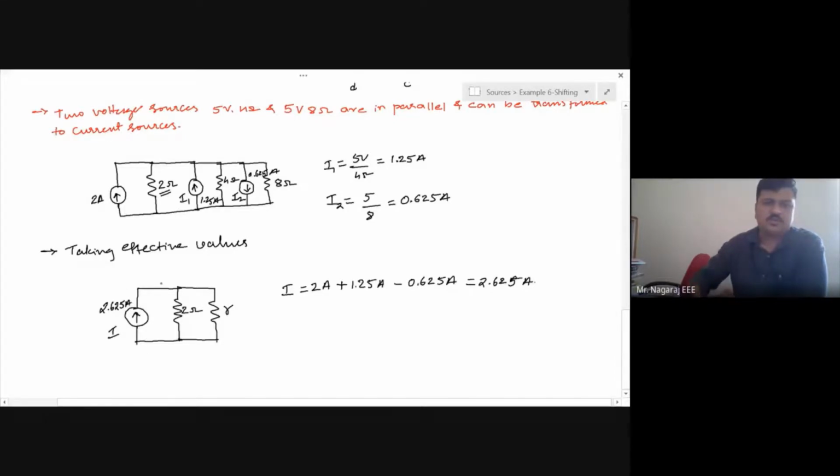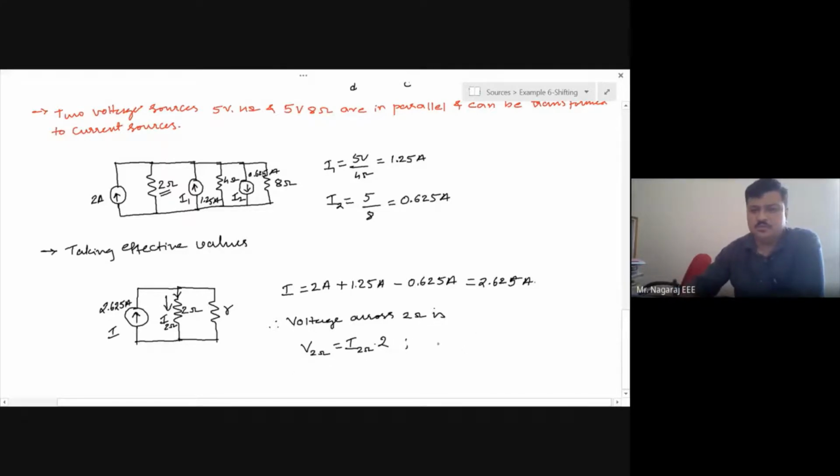Now what I want is the voltage across 2 ohms. Now I can find out the current I2 ohms and multiply it with 2 ohms, and I will get the voltage across 2 ohms. So V2 ohms is equal to I2 ohms into 2.